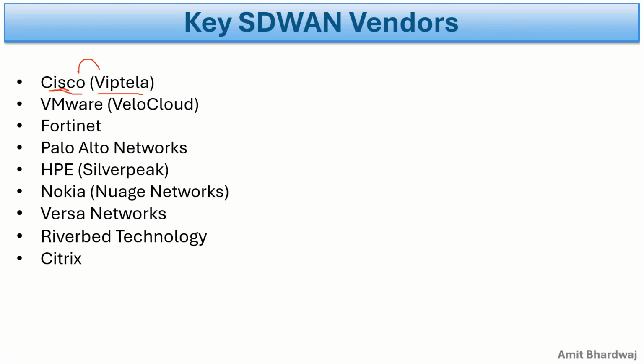It was bought by Cisco and is now called Cisco SD-WAN. Second is the VMware-based VeloCloud solution, then the Fortinet solution, the Palo Alto Prisma SD-WAN solution, HP's Silver Peak solution, Nokia Nuage, Versa, Riverbed, and finally Citrix, which also provides SD-WAN capabilities.